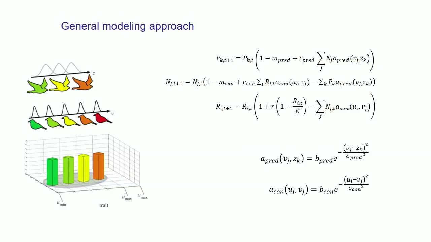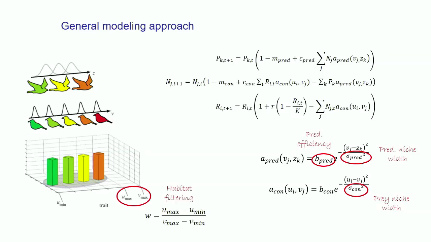We will focus on parts of this model to answer our questions and test our predictions. Those will be sigma con, which is the niche width of the prey. That parameter dictates the overall competition in a community. We will also focus on the niche width of the predator and the efficiency of the predator.